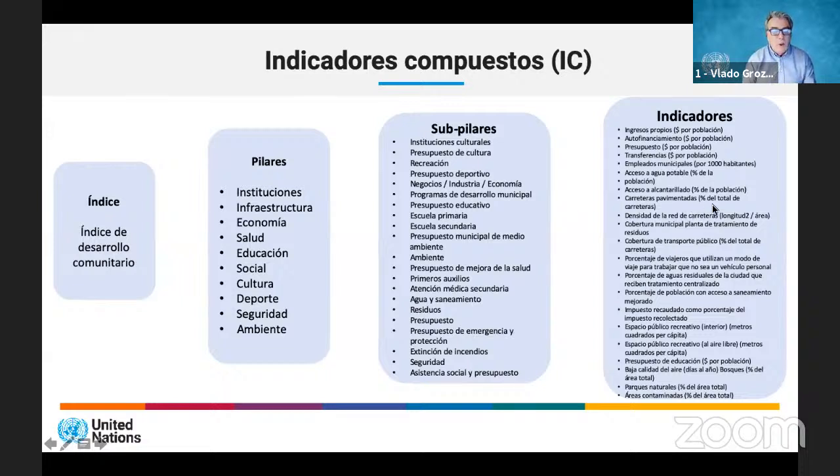In general terms, an indicator is a quantitative or qualitative measure derived from a series of data that can reveal relative positive or negative positions in a given community or municipality. For example, we have a lot of indicators or pillars to measure municipal development, all connected to the infrastructure.